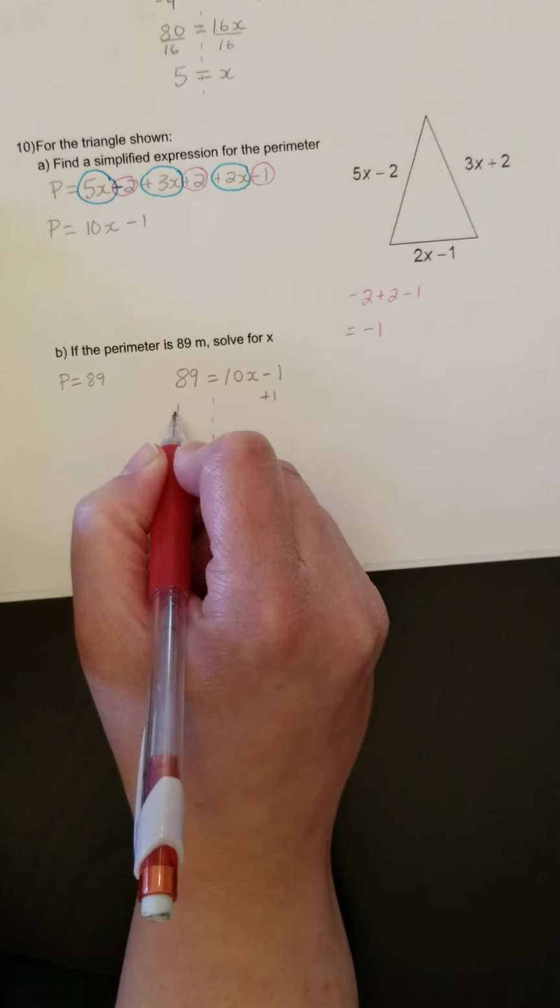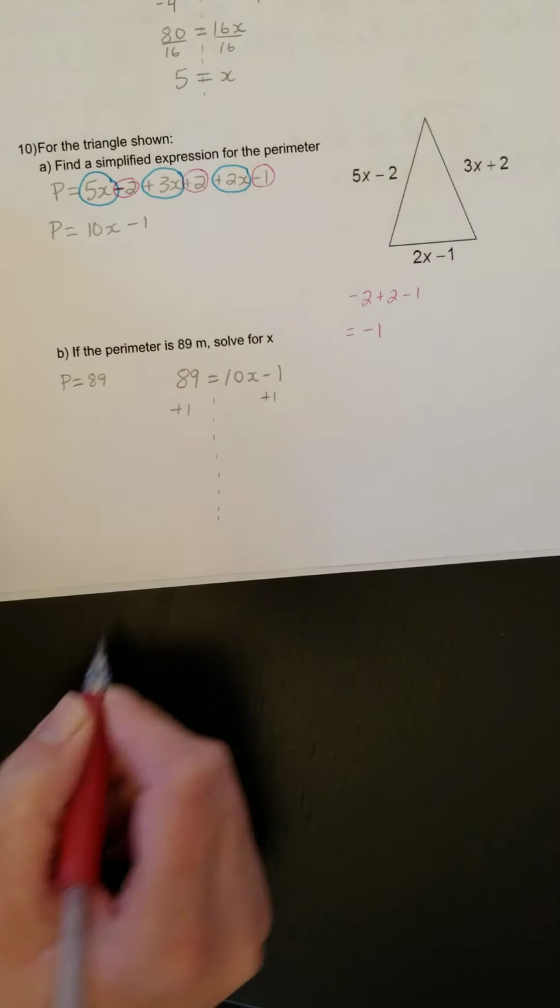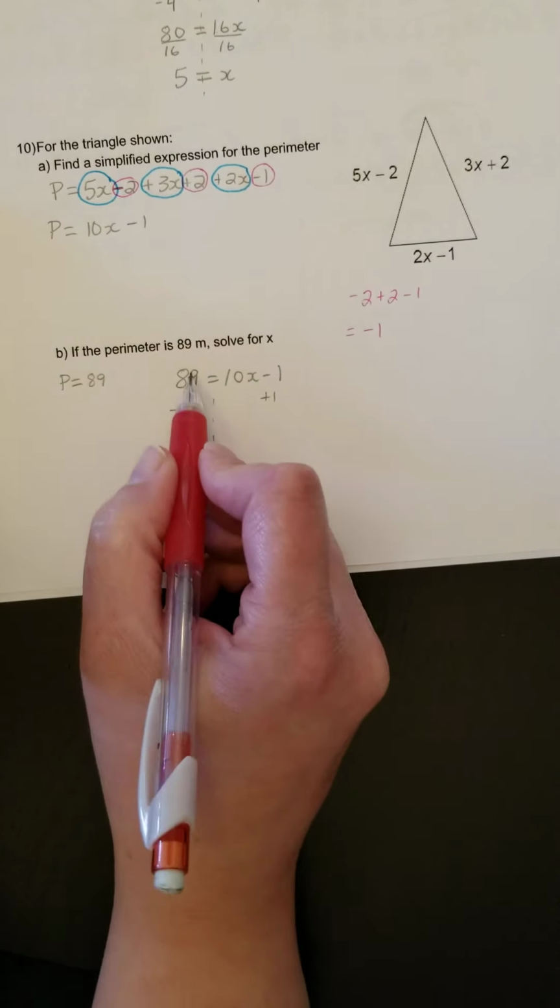We undo that subtracting with addition. 89 plus 1, we get 90 equals 10x. And then we divide both sides by 10 to undo the multiplication. So we get 9 equals x.